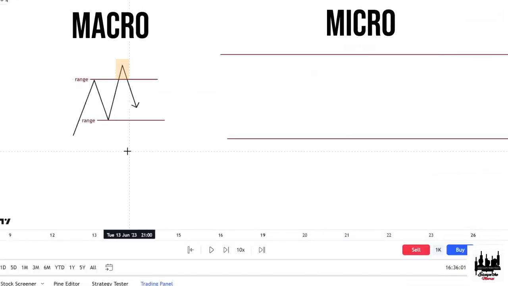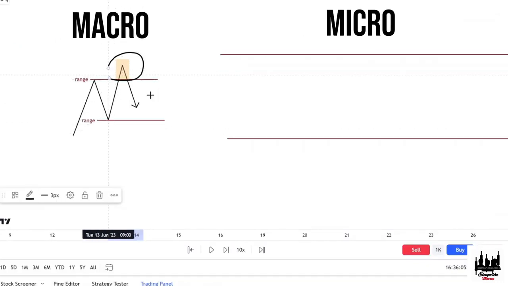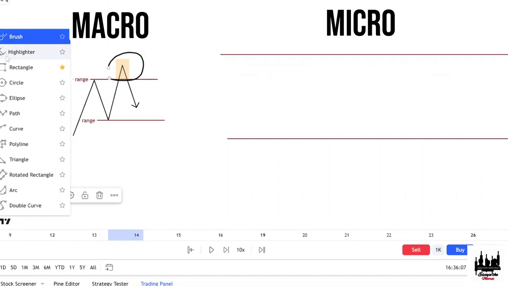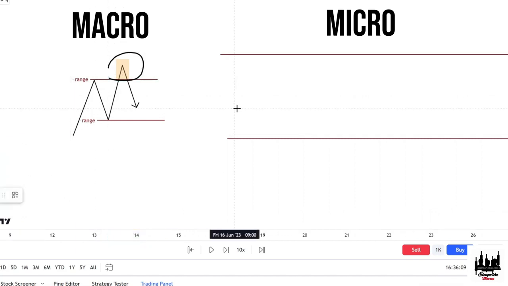So if this was a daily purge and price broke structure above and came right back into the range right here, what would occur on your micro is you would see consecutive swings showing behavior patterns.